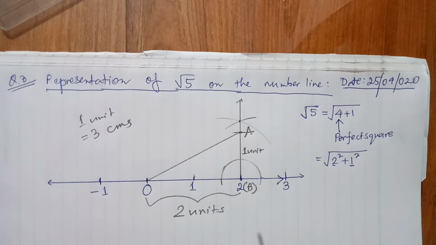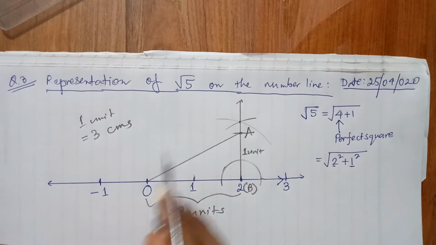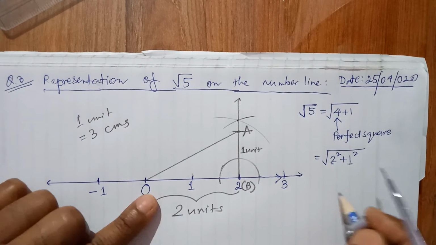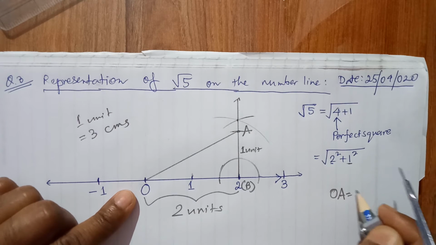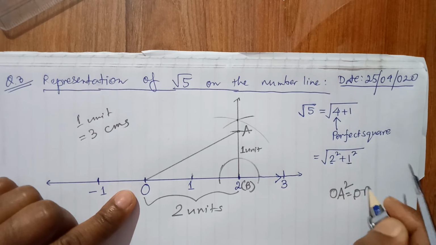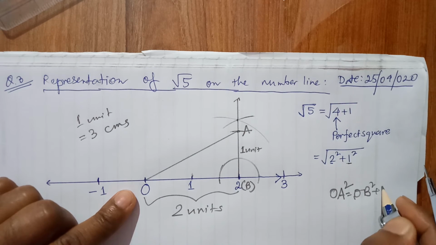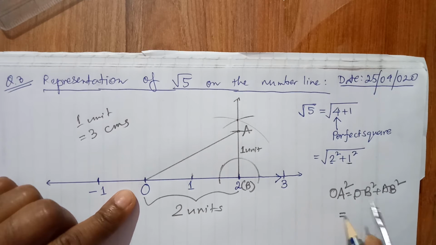Now with the help of the Pythagoras theorem, find this hypotenuse, this portion, using Pythagoras, that is OA square equal to OB square plus AB square.